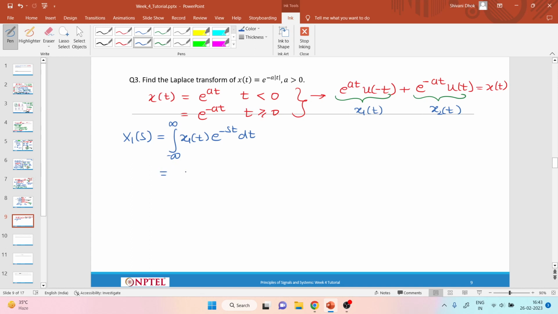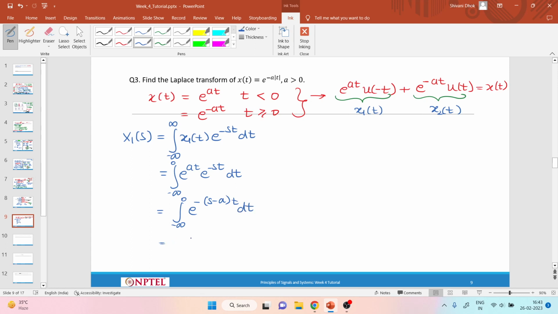So this X1(s) can be written as the integral from minus infinity to 0 of e^(at) e^(-st) dt. This can be written as the integral from minus infinity to 0 of e^(-(s-a)t) dt.